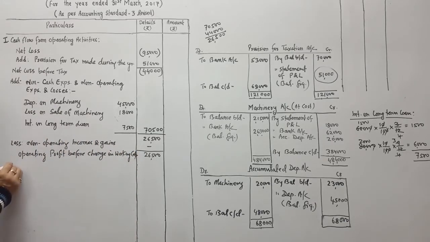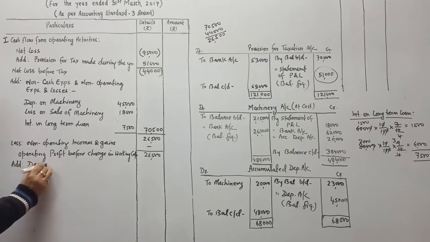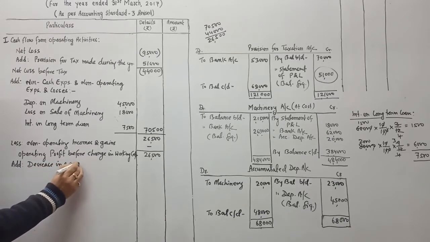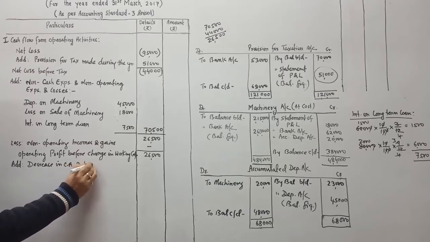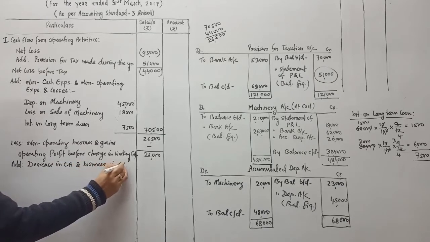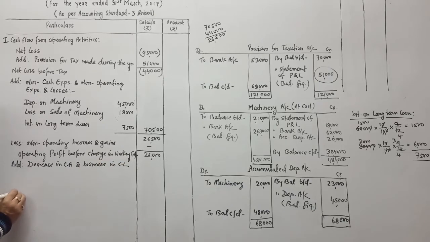Now thereafter, what will we add? We will add decrease in current assets and increase in current liability, and vice versa will be deducted by us.